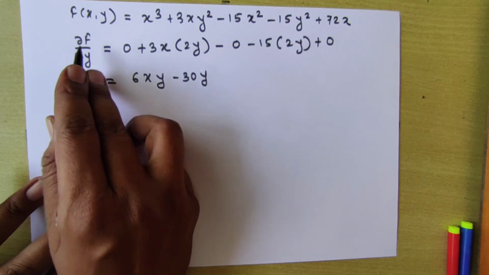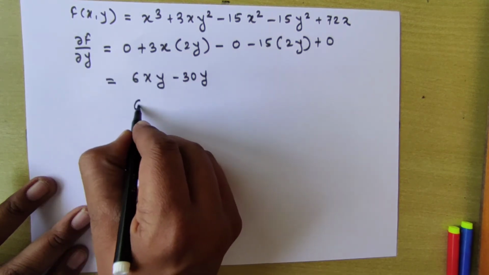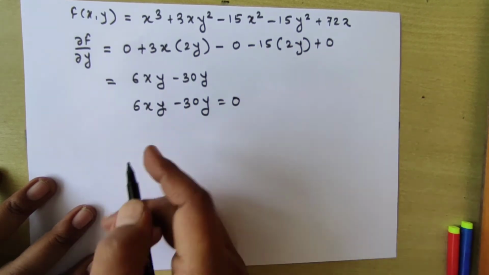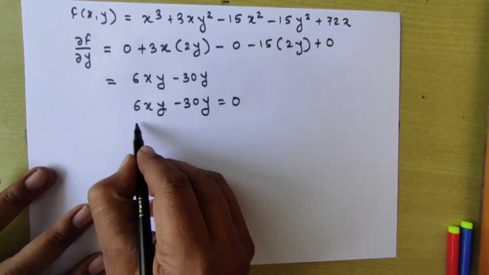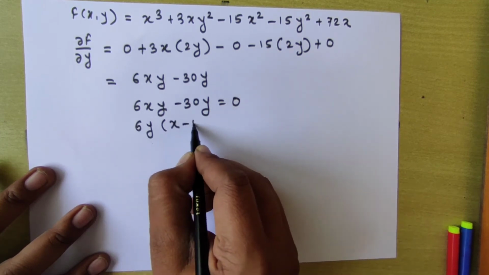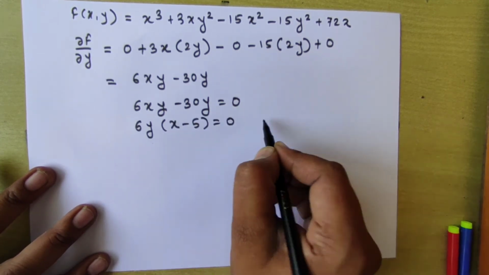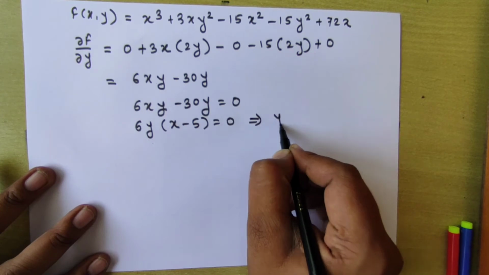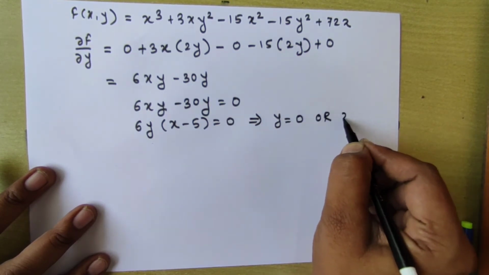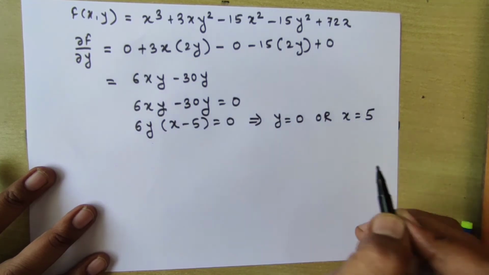Equating del f by del y equal to 0, we get 6xy minus 30y equals 0. If we take 6y common, we get 6y times x minus 5 equals 0. So from this we get either y equal to 0 or x equal to 5.